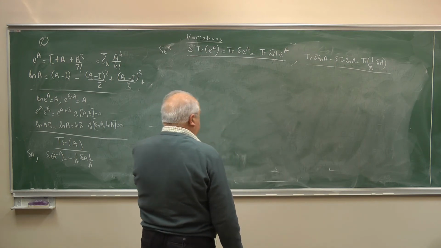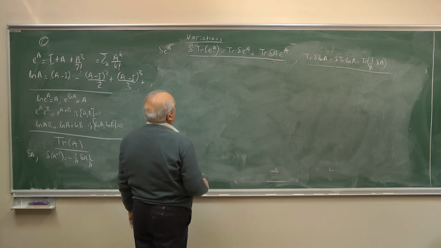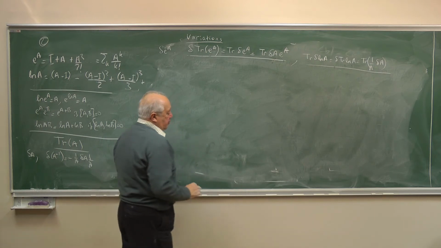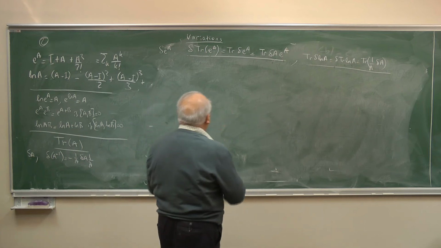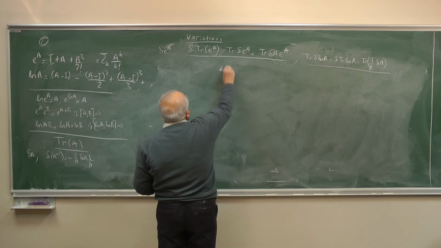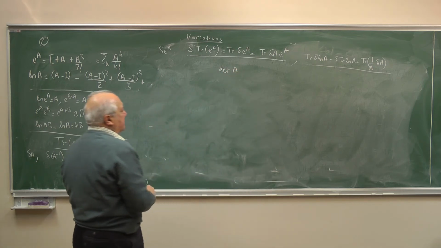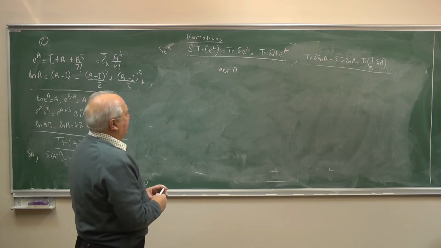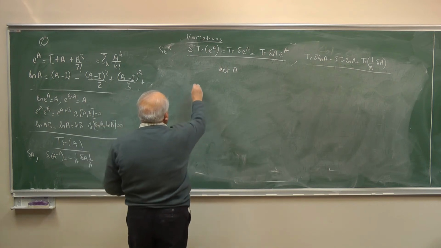Now we define also a very important property of a matrix, namely its determinant. Determinant A. And we will define it via Professor Schwinger in a variational statement.